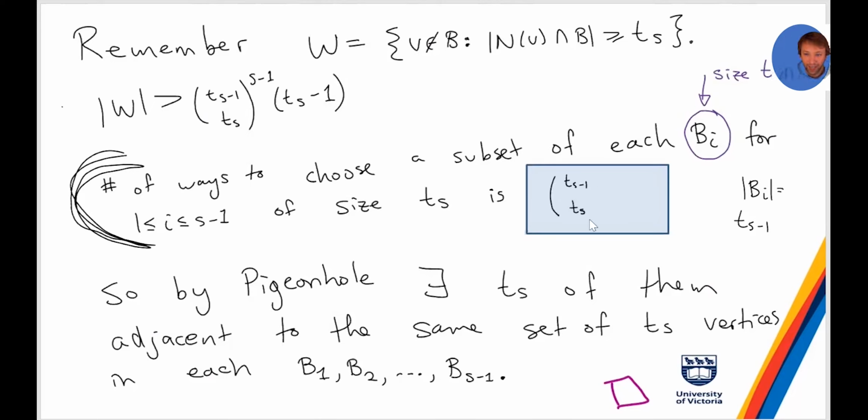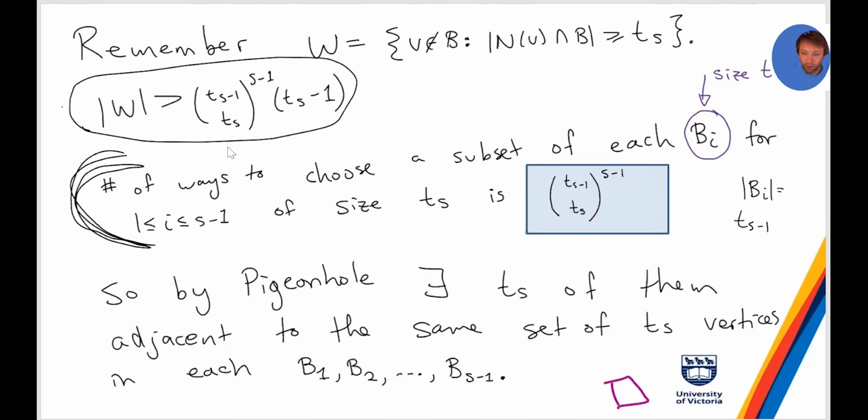Individually, for a given B_1, you've got T_{s-1} choose T_s. If I do that for every single one sequentially, and I can choose different subsets of each of them, I'm kind of choosing a vector of subsets, one for each i, then I get this to the power s-1.